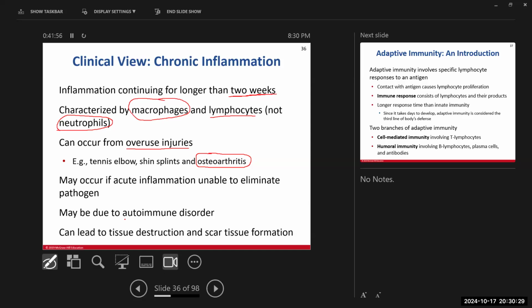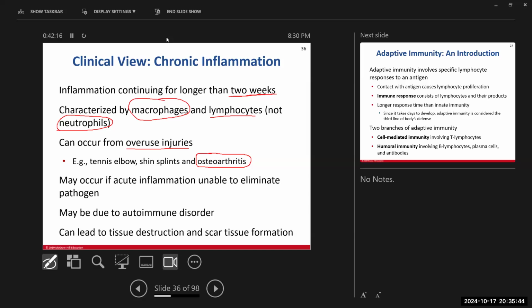It starts to cause wear and tear on the joints there, amongst some other things. So when you have chronic inflammation, something is not resolving. We always look to the cause. Why is this not resolving? Is something happening because the pathogen is still there, or if it's not there?